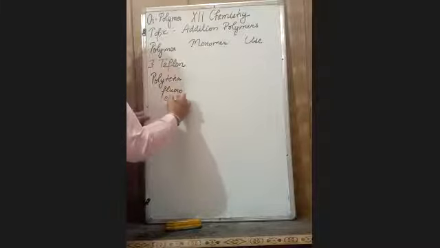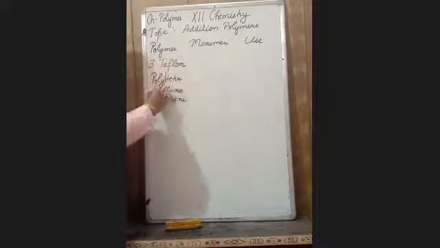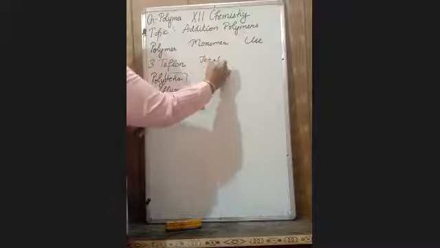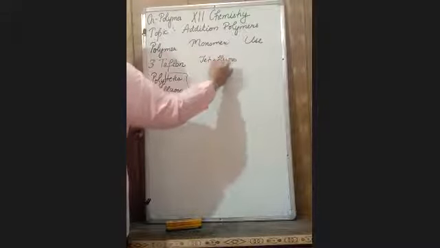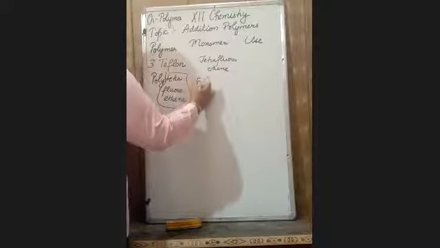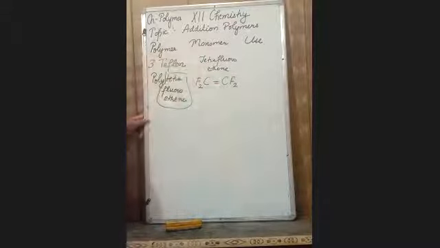What is the monomer? It will be tetrafluoroethylene, CF2=CF2. Instead of H, here fluorine atoms are present.